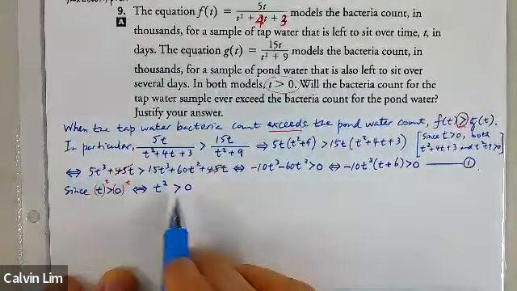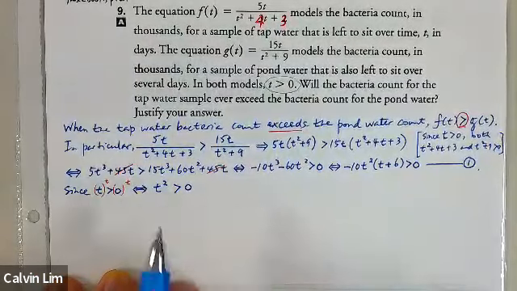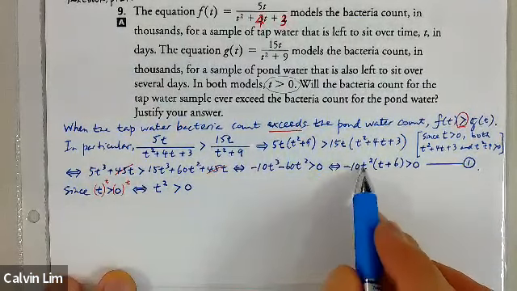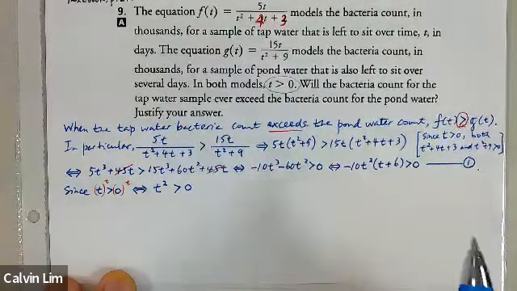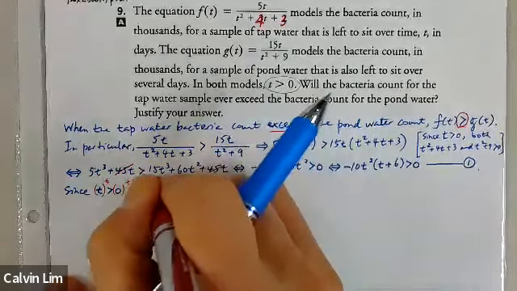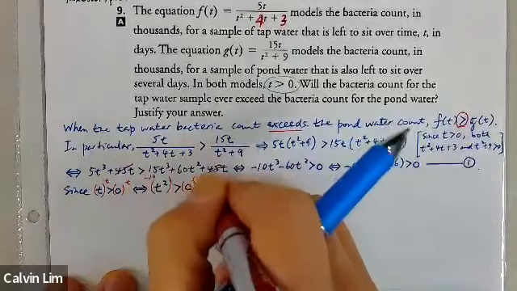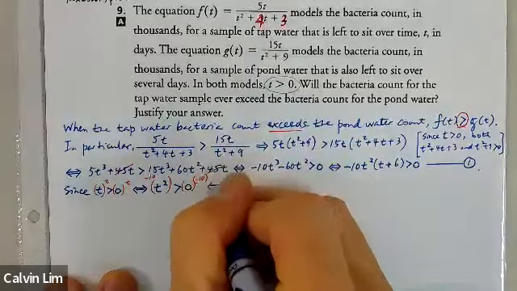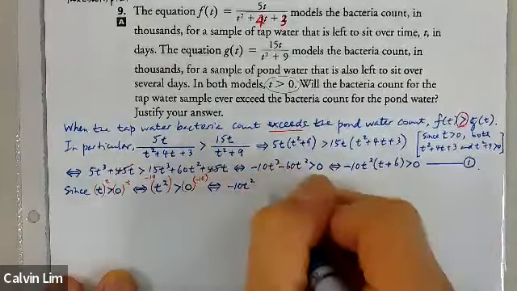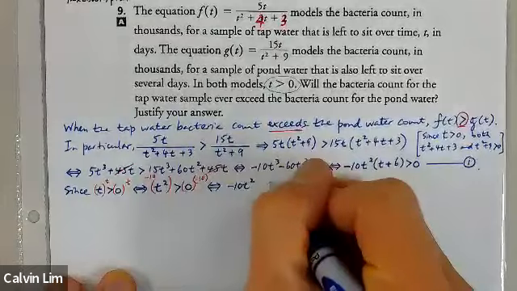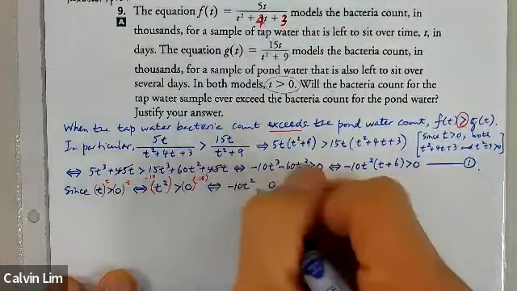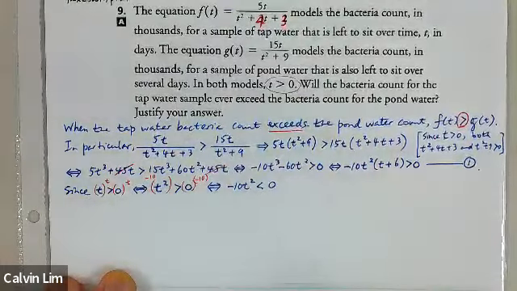I keep the inequality sign. Next, I want to multiply both sides by negative 10. The inequality becomes negative 10t squared, and negative 10 times 0 is 0. The inequality sign changes to less than.